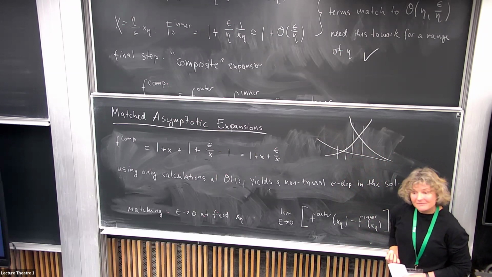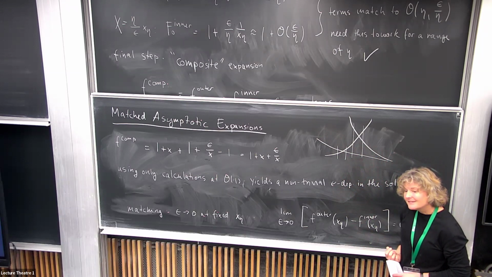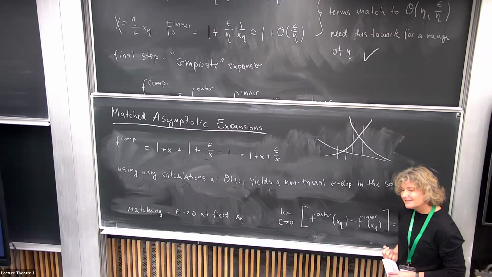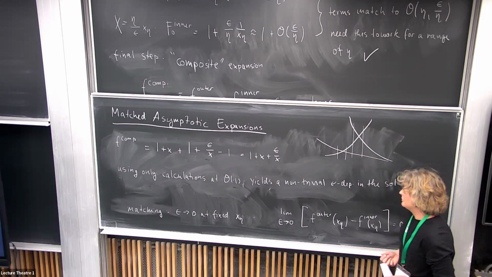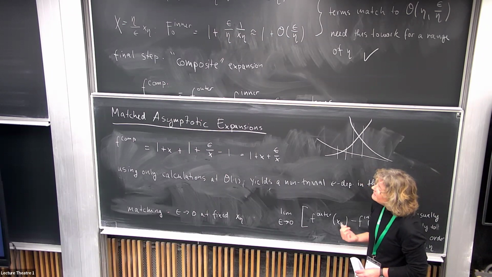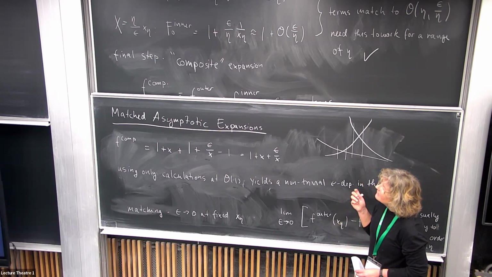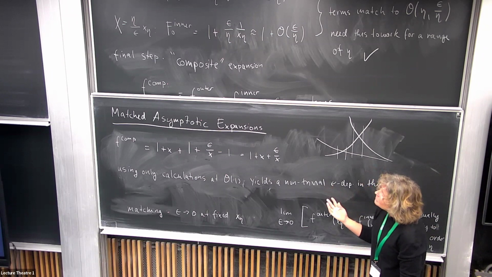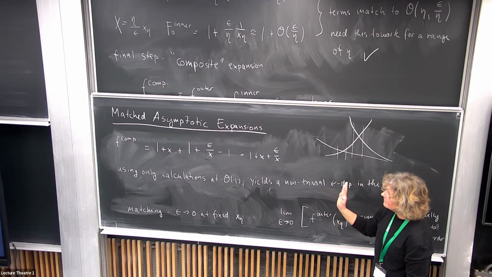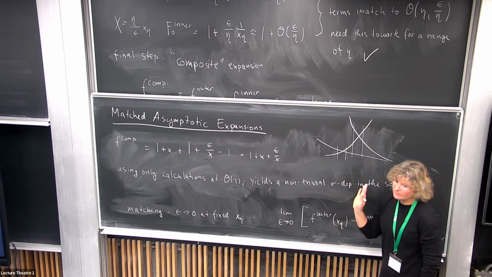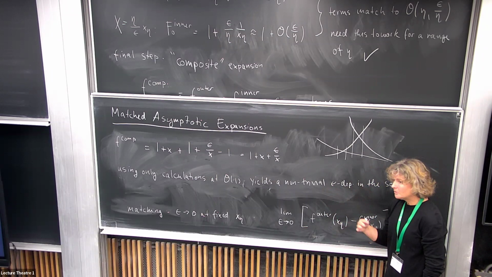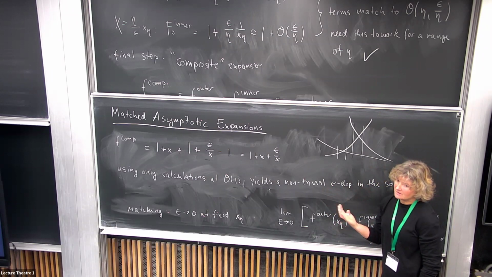What kind of functions can we match in this way? A lot of them. It is adapted to asymptotic expansions, which I didn't explain so much, but they are a bit different from convergent series expansions.